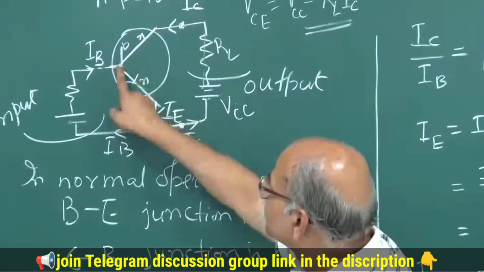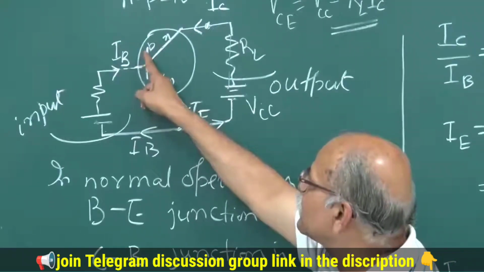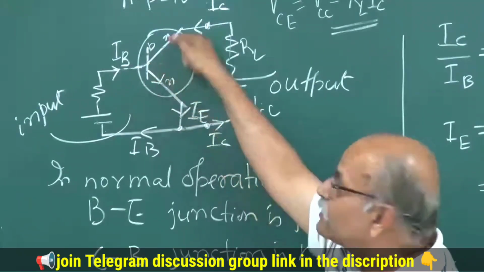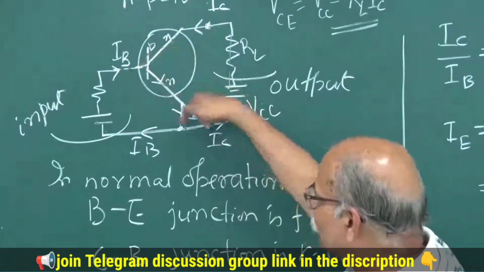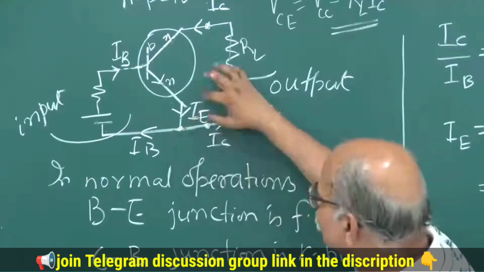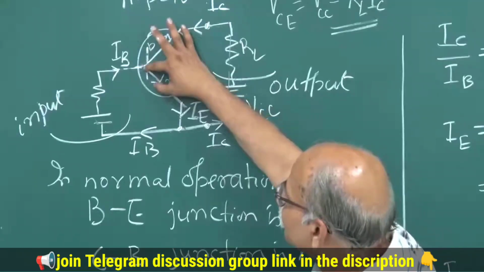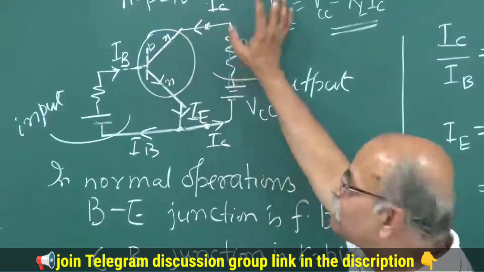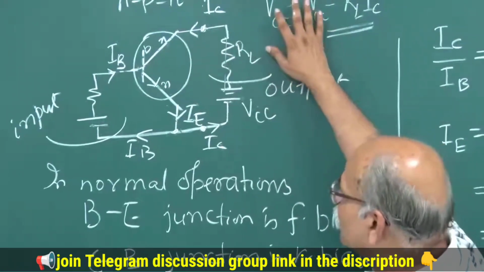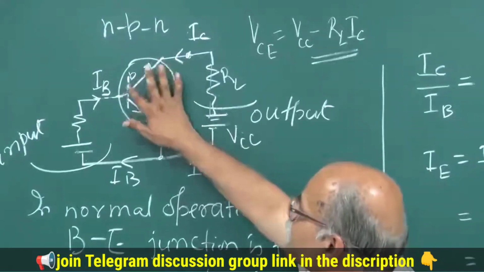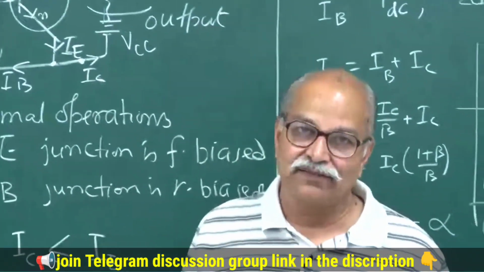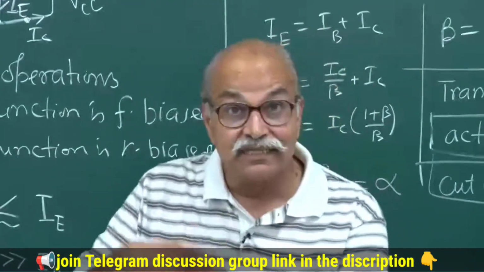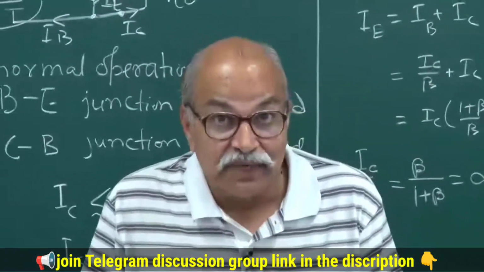This base collector PN junction has to be reverse biased, so the collector voltage should be more than the base voltage plus this reverse bias. So, if this VCE becomes small, then this base collector junction may be hardly reverse biased or zero biased, or in certain conditions may be forward biased.